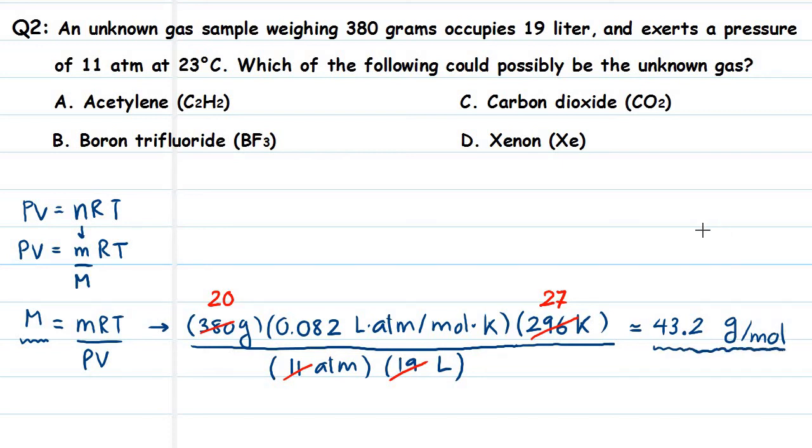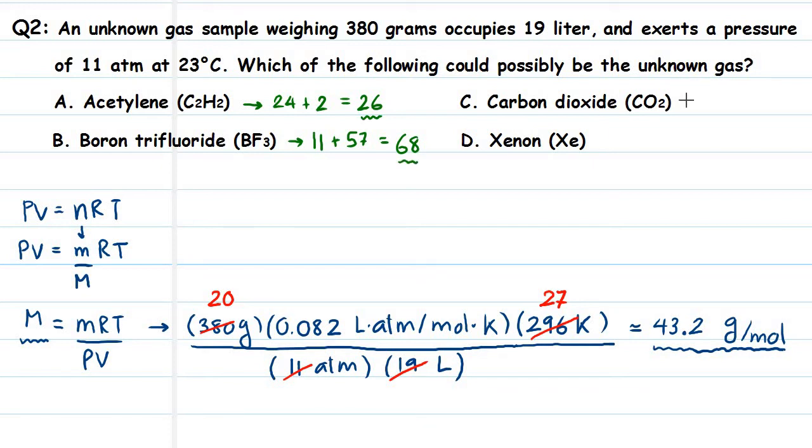And now we have to go back up there to figure out the molecular weight of each of them. So let's try acetylene first. For acetylene, C2H2 is 24 plus 2, going to be equal to 26. Boron trifluoride is about 11 plus 57, yes, that should be 68.